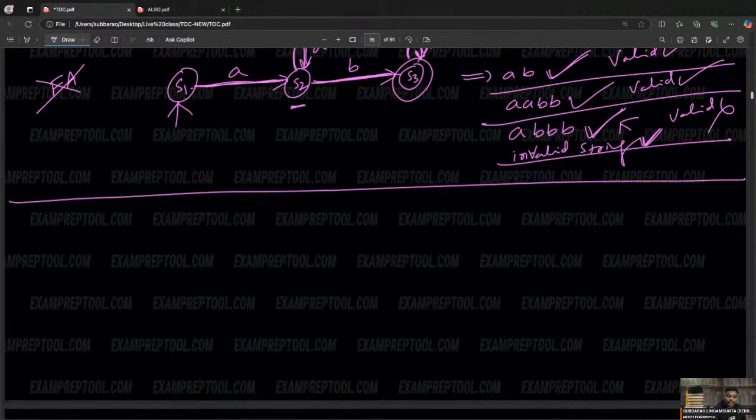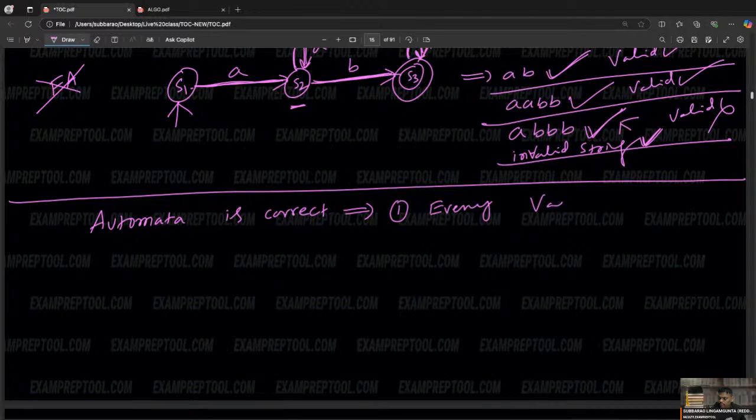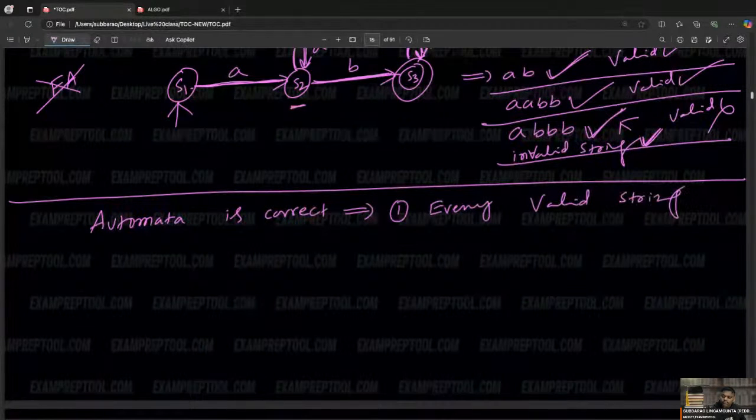Automata is correct when, see the first condition: every valid string should accept.